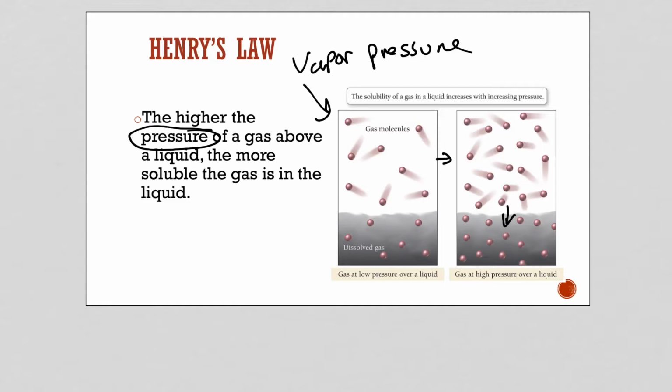By putting more gas here, it's going to collide with the surface more, and we're going to get more gas to dissolve by putting a higher pressure of gas above the liquid, or increasing the vapor pressure above the liquid. So this obeys something called Henry's law, which essentially says higher pressure equals higher solubility.